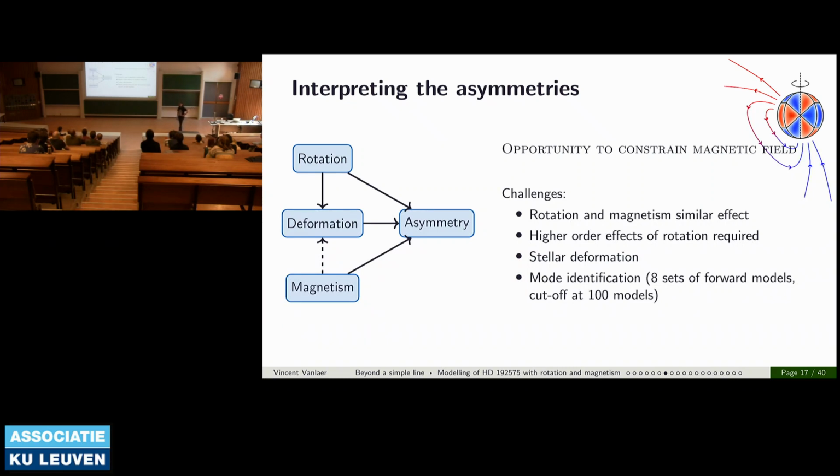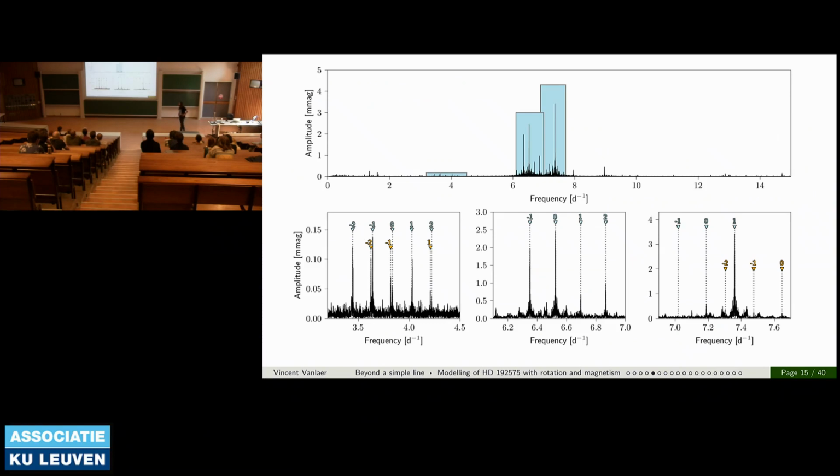And the final thing, if I go back to these modes here, we also need to know what these modes are. What are the properties of these modes? You can try to figure that out by doing forward modeling. You can try to see which frequencies in your stellar models match the observations. But in this case, we have multiple possibilities. And that's an additional uncertainty we also need to take into account.